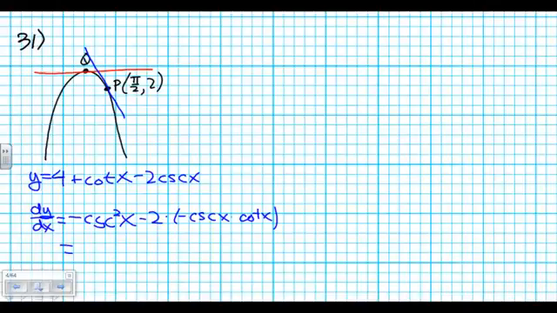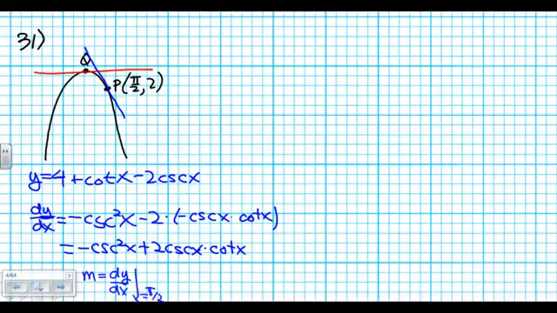Cleaning that up, I get negative cosecant squared, oh sorry, there's a negative sign, plus 2 cosecant x cotangent x. Did I do that right? Yeah. All right, and now I can ask the "when" question. Let's do the same notation, do it the same way every single time. Slope is equal to dy dx when x is equal to pi over 2.